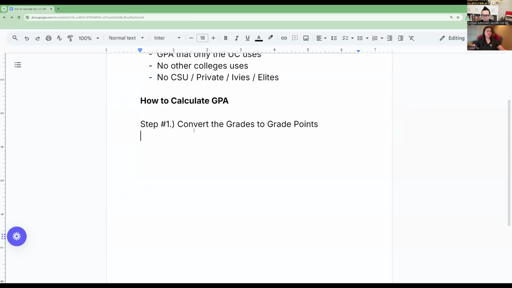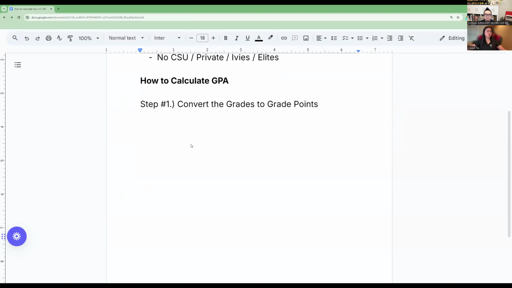On your transcript, you will get letter grades A, B, C, and D. And let's just throw F in there just for funsies. F is for funsies. And so the numerical number for an A on your transcript would be a 4.